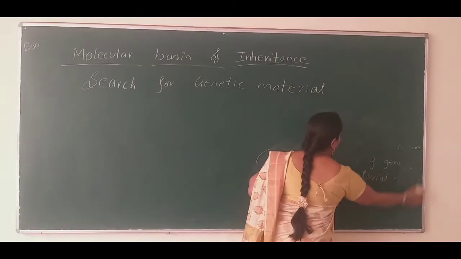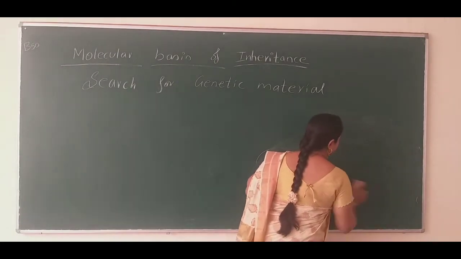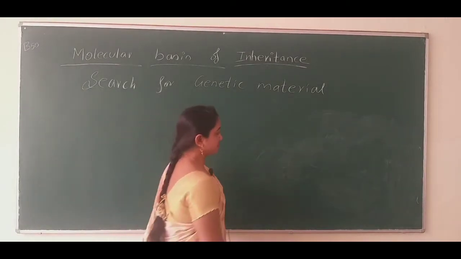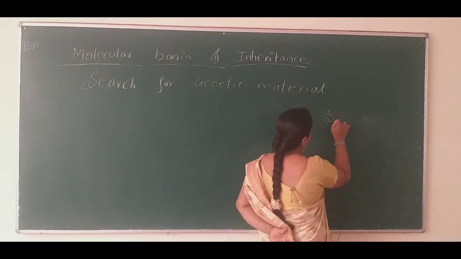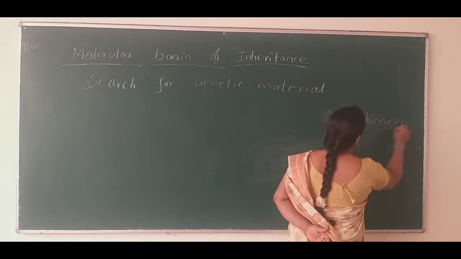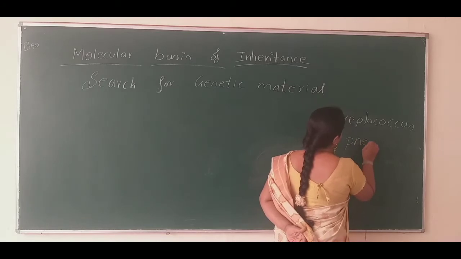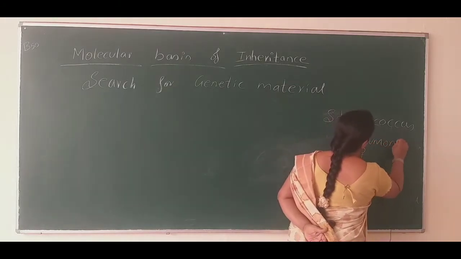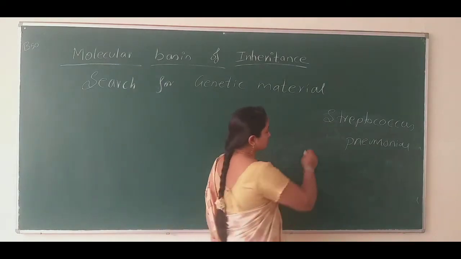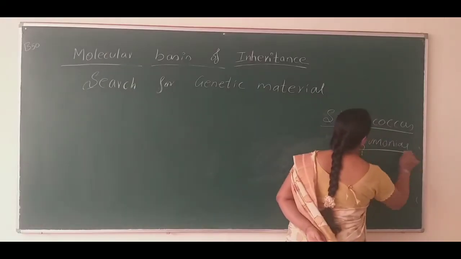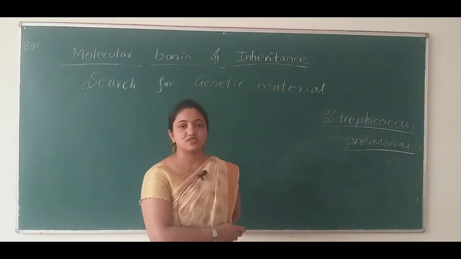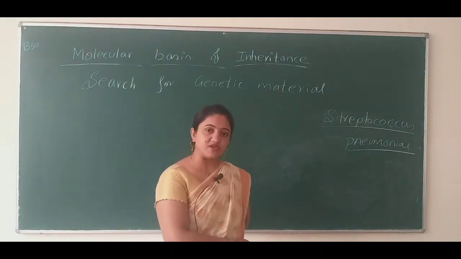And one more thing I'd like to explain here, that is Streptococcus pneumoniae. When you write this name, write it in a continuous form. So Streptococcus pneumoniae is a bacterium which causes pneumonia in human beings.